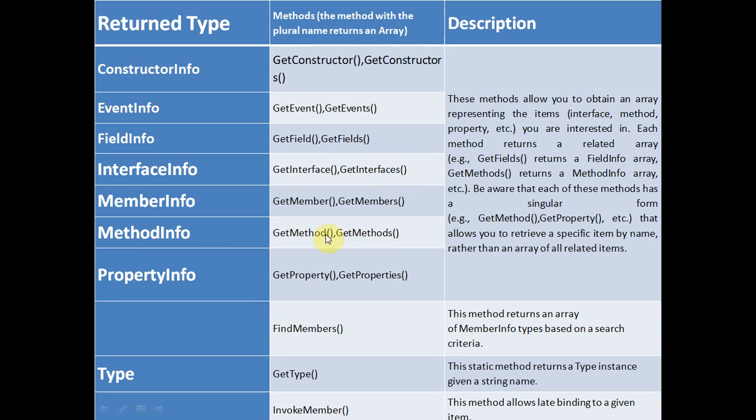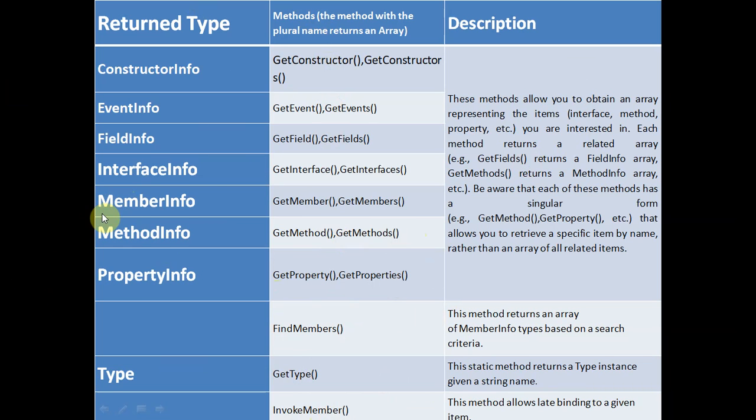We have used GetMethod and GetMethods. Also GetProperty, GetProperties, FindMembers, GetTypes, InvokeMember. So it will return all these types: methods, properties, events, fields.